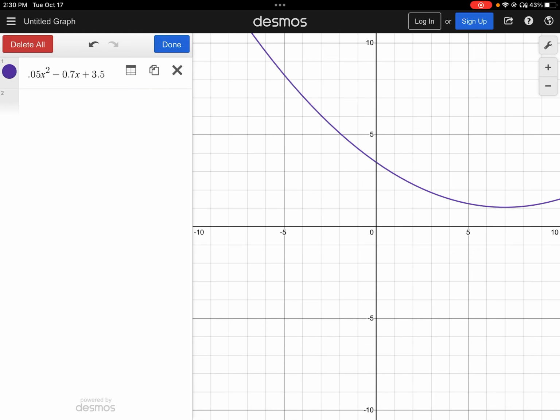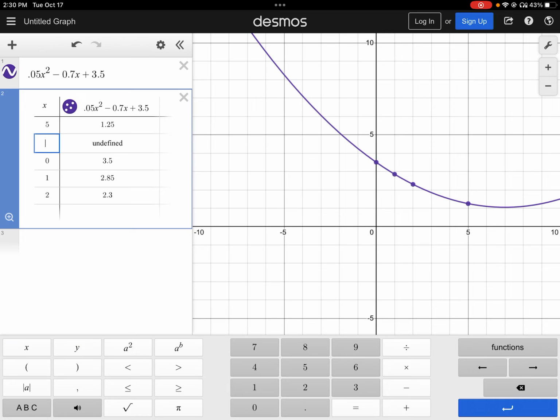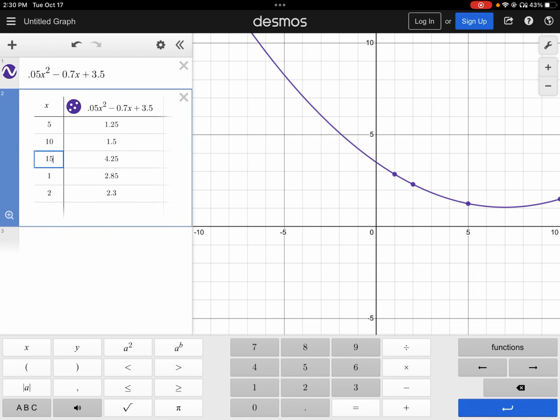What I'm going to do is I'm going to hit the settings. I'm going to hit that table, and I'm going to type in some of the numbers from the table here. So I'm going to replace this. It starts with a 5 on my paper, and then a 10, and then a 15. And you can see that these numbers are all matching up. That's because that table represents that function. So that's one way you can use that to check.